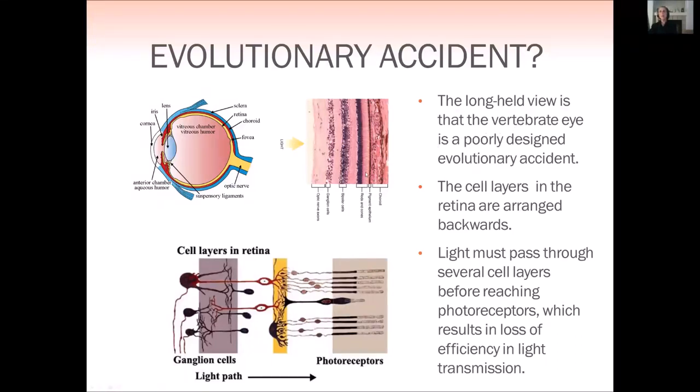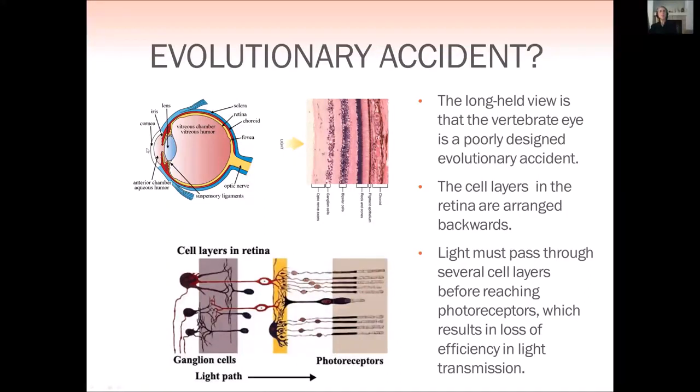Remember, we said that it's at the back that we have our rods and cones, and then on top of it, we've got these other layers of cells and some nerve tissue. That means that light must pass through several different layers before it reaches the photoreceptors.